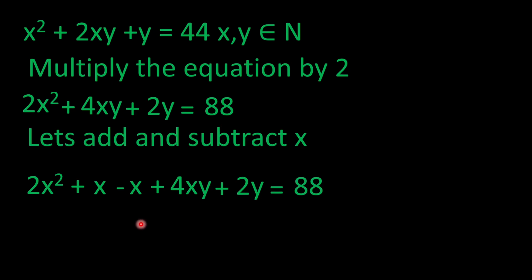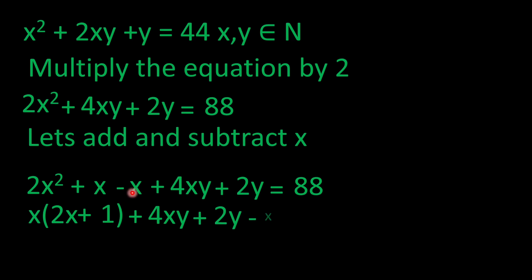And now in the next step, we will take x common from these two terms. So after taking x common, here 2x plus 1, and similarly plus this 4xy and then plus 2y, and then this minus x, which is equal to 88.